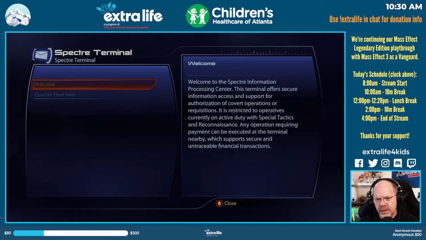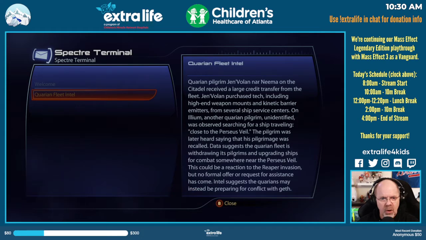Welcome to the Spectre Information Processing Center. This terminal offers secure information access and support for authorization of covert operations or requisitions. It is restricted to operatives currently on duty with special tactics and reconnaissance. Any operation requiring payment can be executed at the terminal nearby, which supports secure and untraceable financial transactions. Quarian Fleet Intel. Quarian pilgrim Jin Valan on the Citadel received a large credit transfer from the fleet.